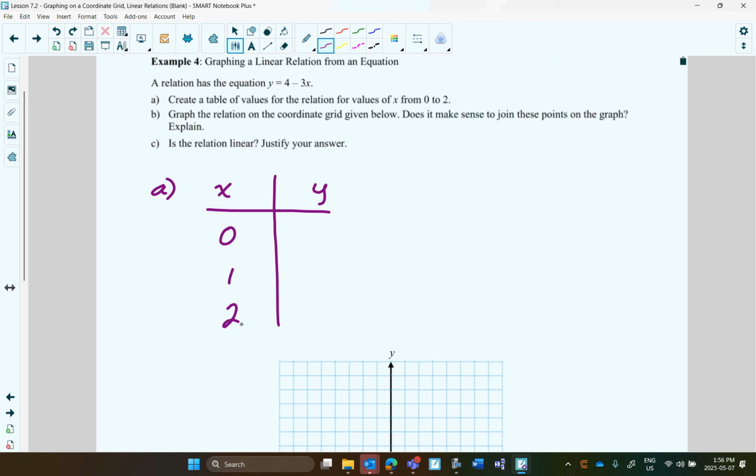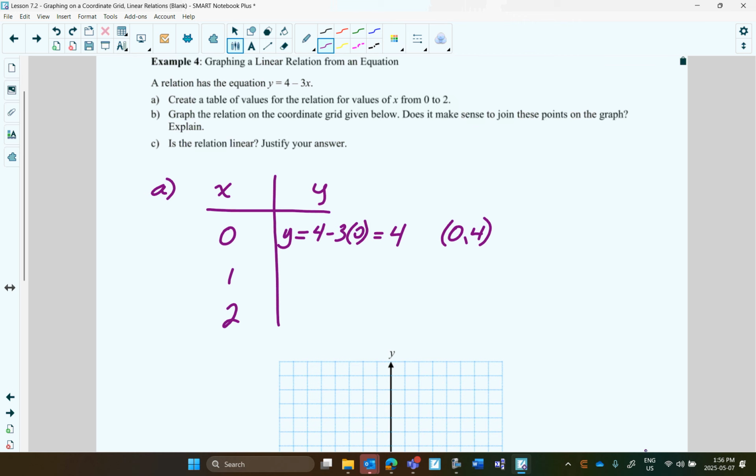If X is 0, Y is going to be 4 minus 3 times 0. 4 minus 0 is 4. So therefore, that's the point 0, 4.